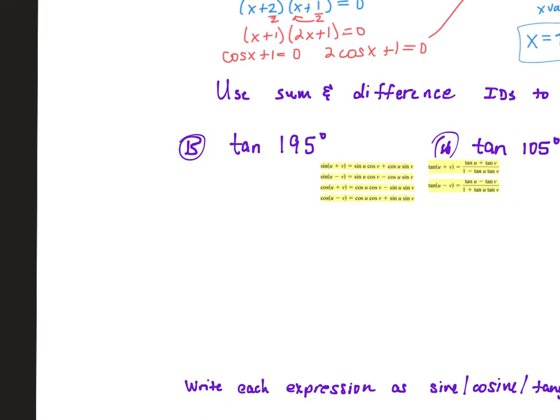So I'm going to just think of 150 is on the unit circle and so is 45. There's different combinations, so you guys can do whatever you want, but I'm going to rewrite this as the tangent of 150 degrees plus 45 degrees, all right? That's what I'm going to focus on because 150 plus 45 gives me 195.